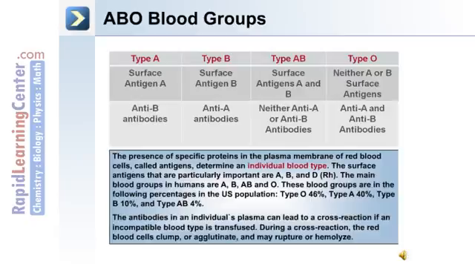Type B, surface antigen is B, anti-A antibodies. Type AB, the surface antigens are A and B, and there are neither anti-A or anti-B antibodies. Type O, neither A or B surface antigens, but anti-A and anti-B antibodies.